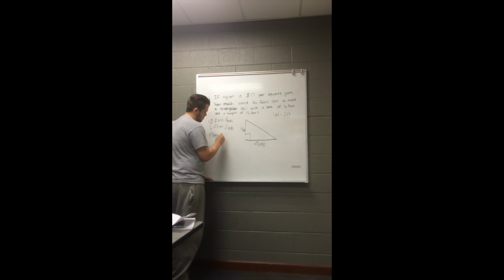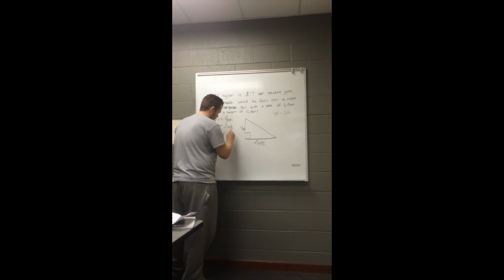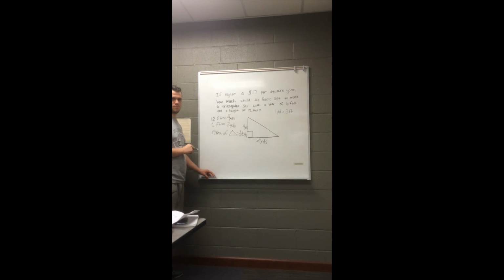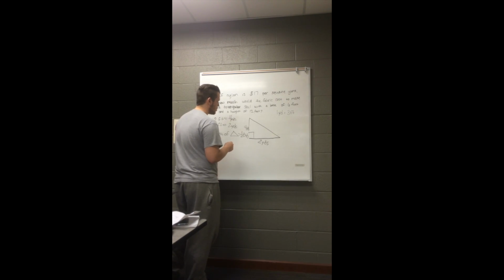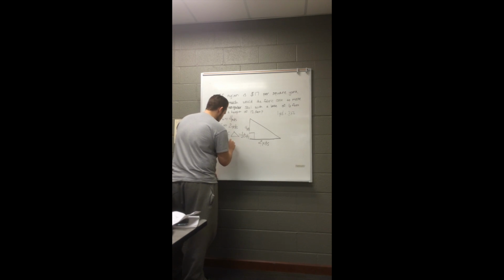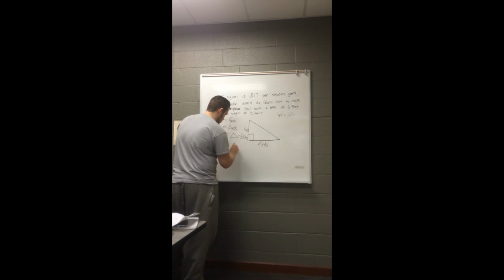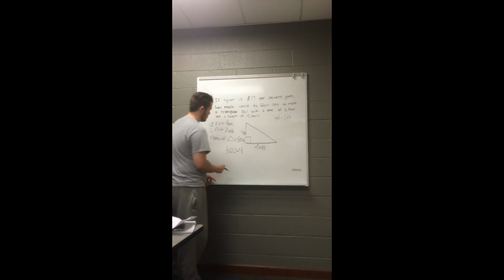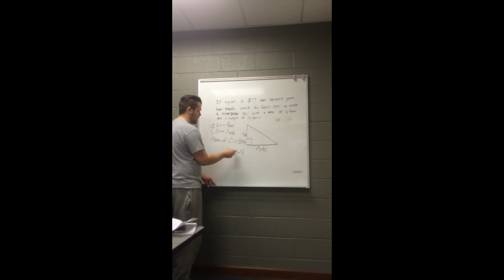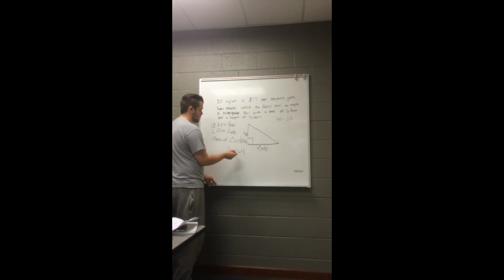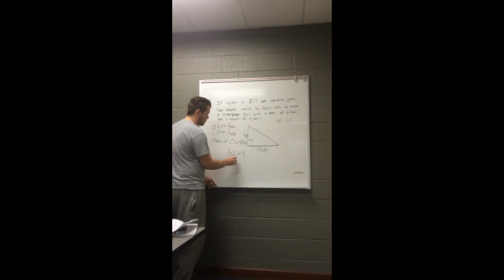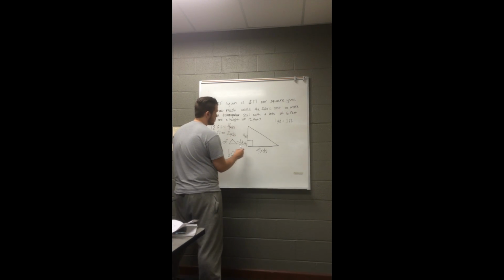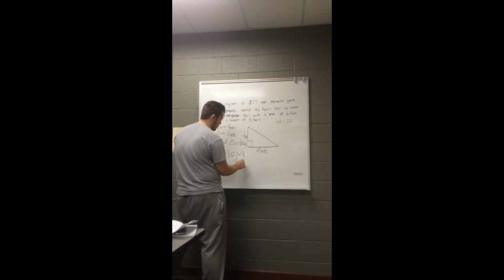Area of triangle is equal to 1/2 base times height. So then you just plug in 2 yards for the base. So 1/2 times 2 times the height, which is 4 yards. And then solve this, you'd have 1/2 of 2 is 1 times 4 is 4. So you'd have 4 square yards of fabric.